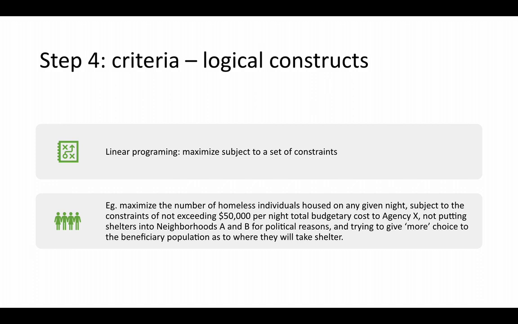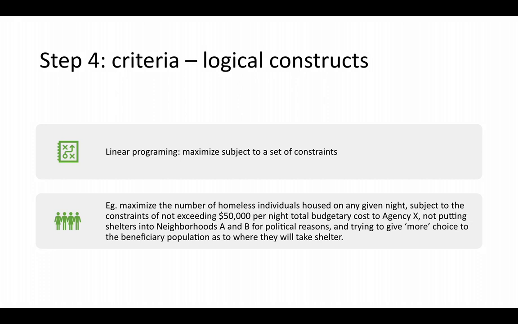All right, so let me show you an example of linear programming. Basically it means you are going to maximize the objective subject to a set of constraints. So the example looks like this. Maximize the number of homeless individuals housed on any given night, subject to constraints of not exceeding 50,000 per night total budgetary cost to agency X, and not putting shelters into neighborhoods A and B for political reasons.